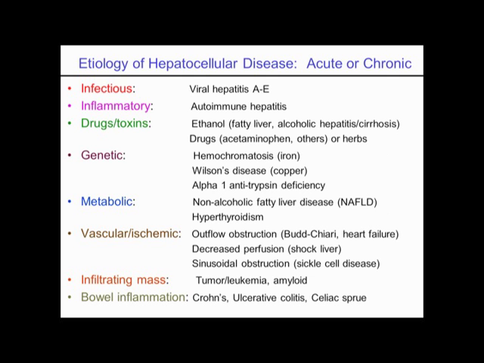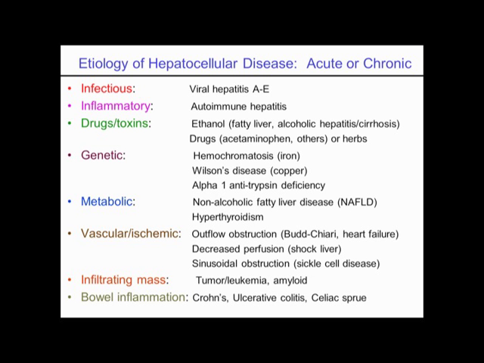Then I think of non-infectious inflammatory. And I remember there is always an autoimmune disease. No matter what organ you're talking about, there is an autoimmune disease. So there's autoimmune hepatitis. There's drugs and toxins. Because the liver metabolizes a lot of drugs and xenobiotics, it can sometimes generate toxic metabolites, and so there's drug-induced liver disease.